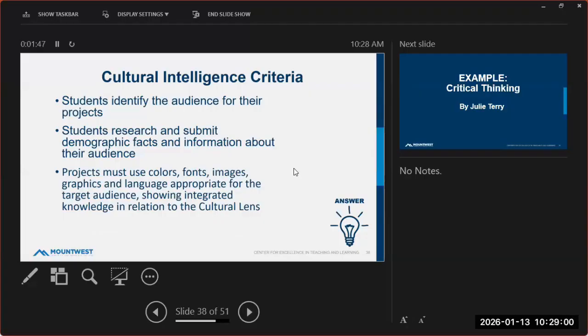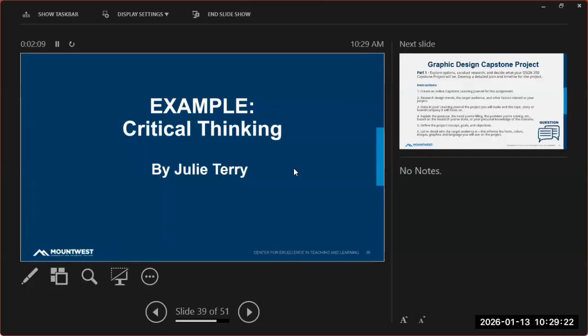Then they have to present some demographic facts and look up how much people spend on these kinds of ghost tours. And of course the look of it, the fonts, the colors, the images, the graphics, and the language has to be appropriate for that target audience, showing integrated knowledge in relation to that cultural lens.